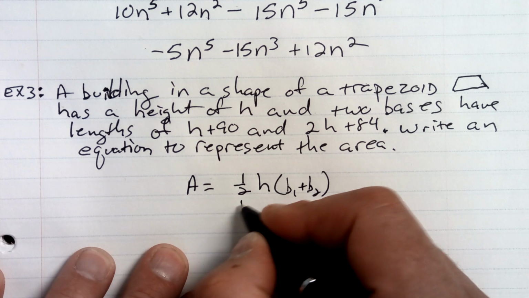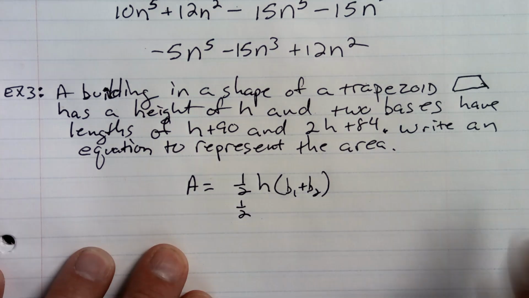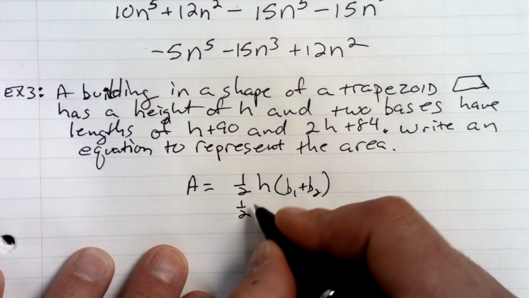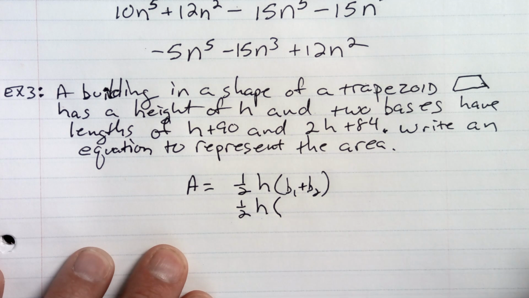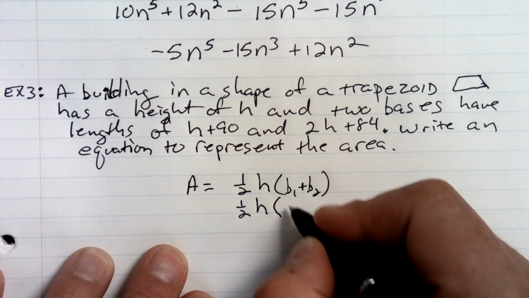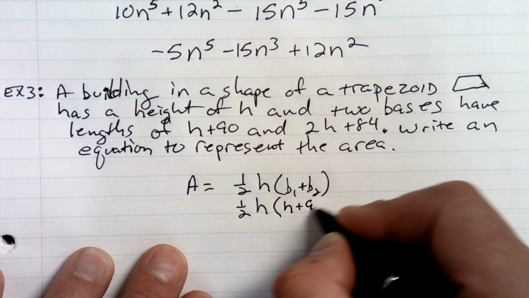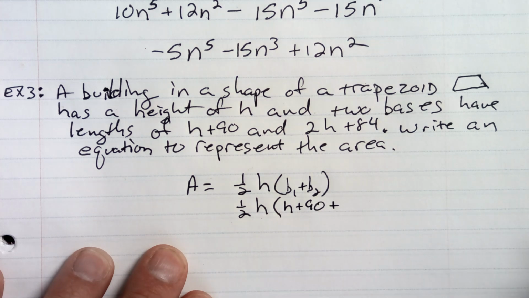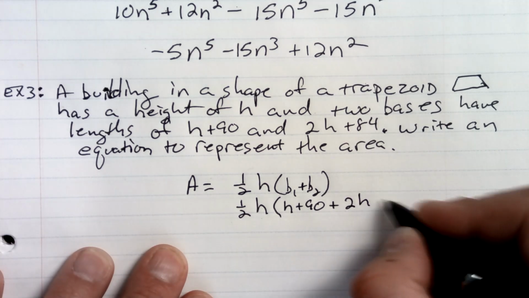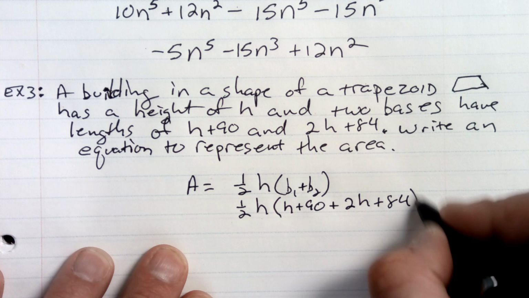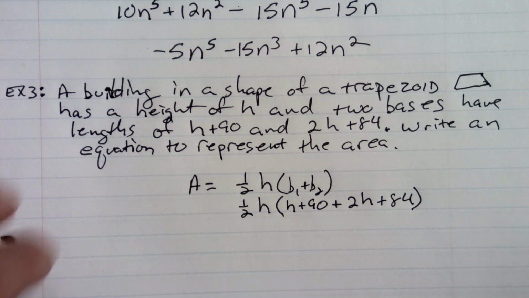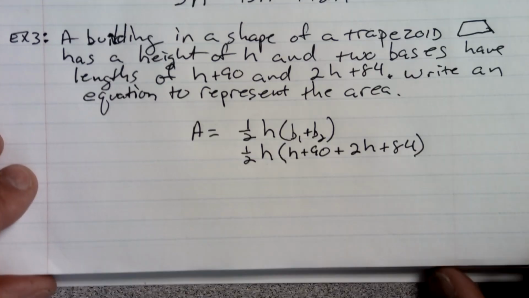Does it tell us what the h is in the problem? It just says it's h, so let's leave it as h. What is b1? H plus 90 plus b2. What's b2? 2h plus 84. Oh, wow.